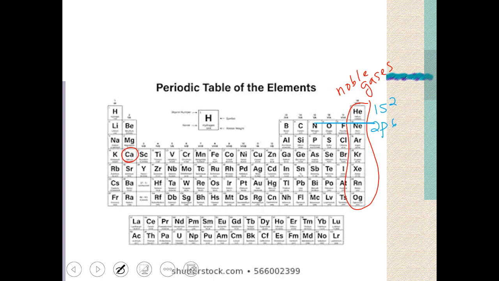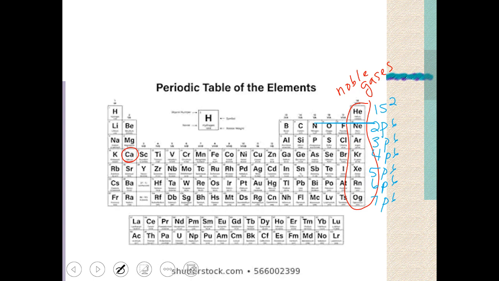Neon's in the second row, it's going to end with 2p6. Argon ends with 3p6. Krypton ends with 4p6. Xenon 5p6. Radon 6p6. Nothing comes after OG, so we don't have to worry, but it would end with 7p6.